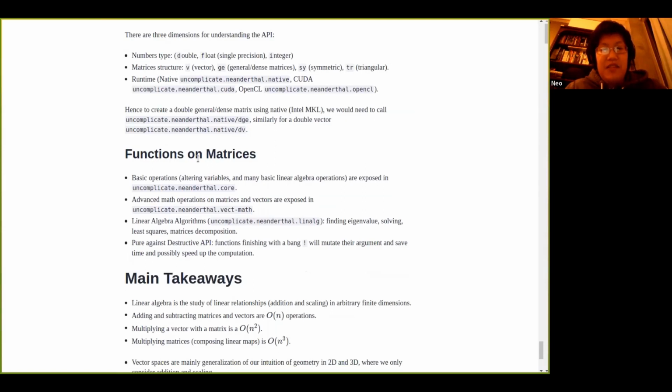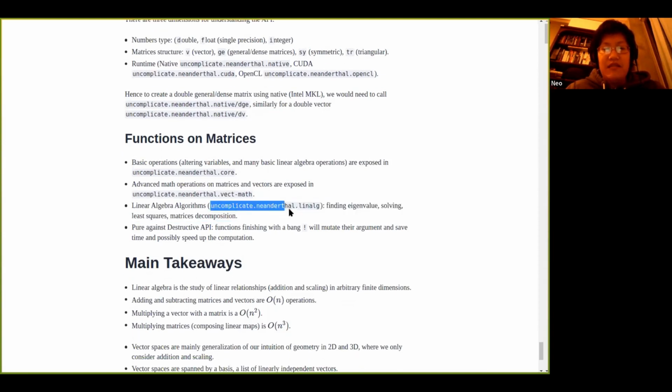The basic operations on matrices, like altering the elements inside your matrices, or the plus, minus, or scaling of the matrices, are exposed in the core namespace. If you want to use specialized math functions like log, exponential, or square roots of each element inside your vector, the functions live inside vectmath. And there are tons of linear algebra algorithms that I did not expose that are inside the linalg namespace.